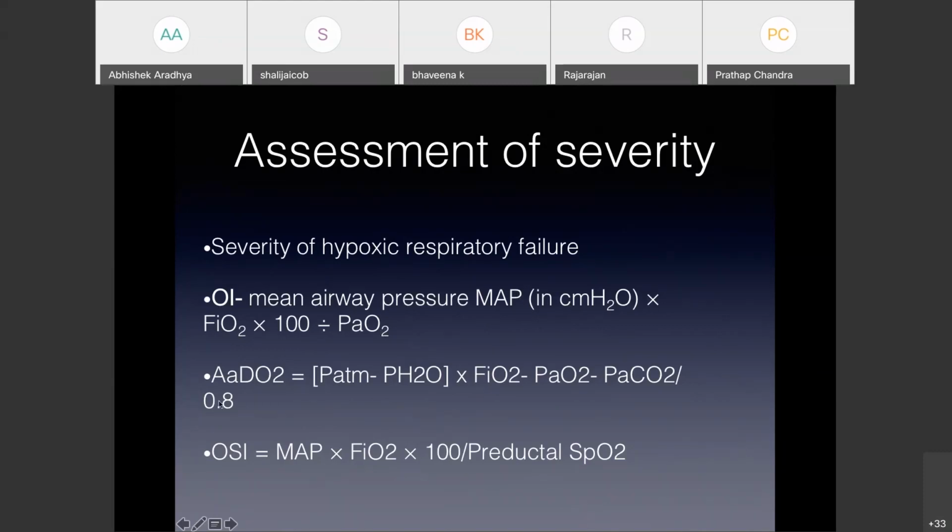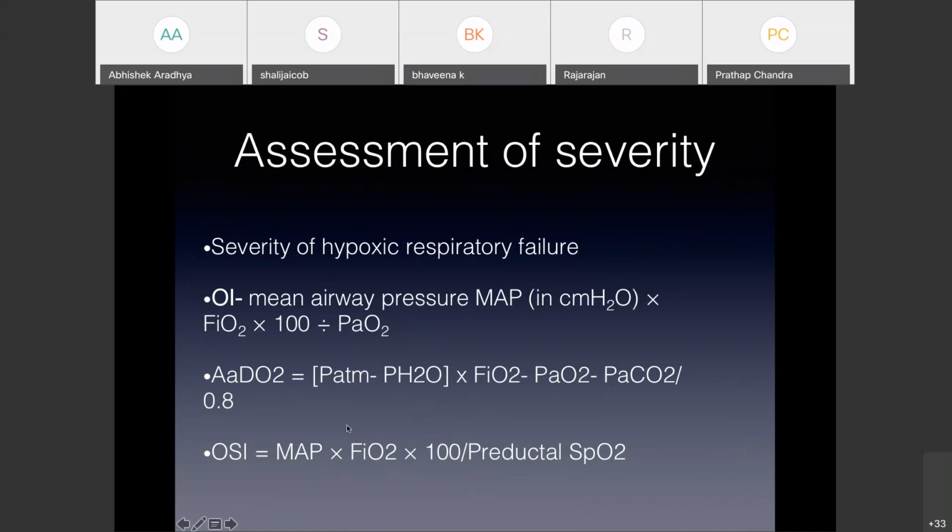There are other formulae that can be used where you're looking at the diffusion or the dissociation of the oxygen, which is used by the formula given here, which is the pressure of the atmosphere minus the water pressure times FiO2 minus PaO2 minus CaO2, divided by 0.8, which is a constant that gives you the diffusion of oxygen.